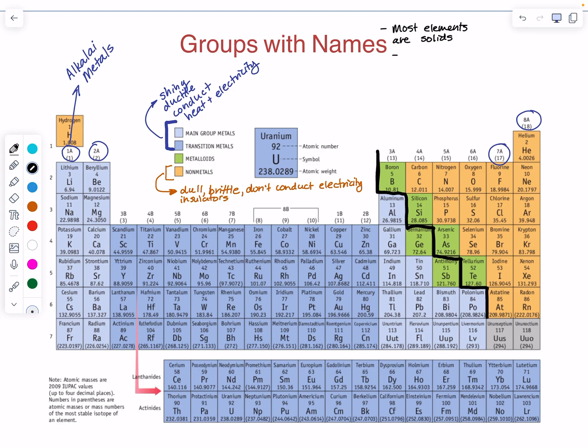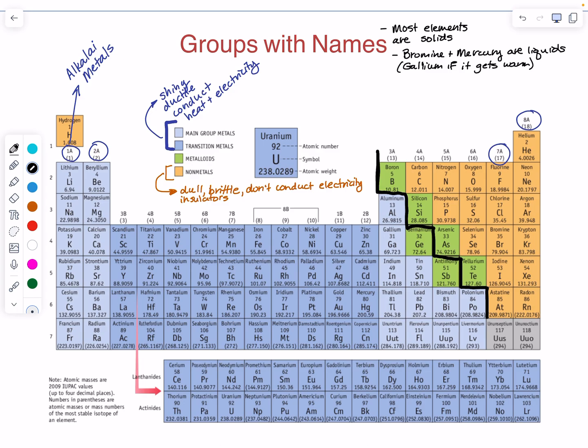Bromine is one of them, and mercury. Bromine and mercury are liquids, and we'll give gallium its credit. If it gets warm, gallium will melt in your hand, from body heat.